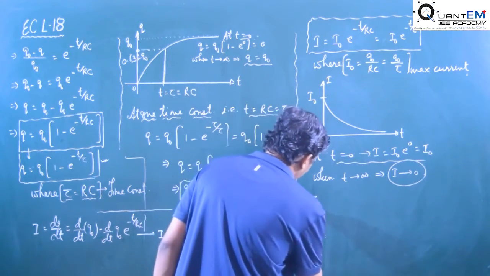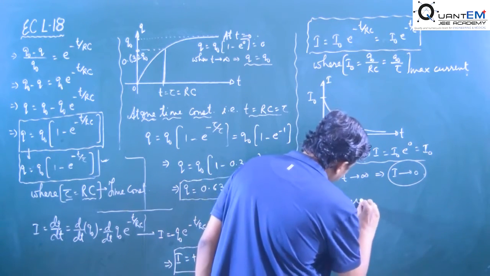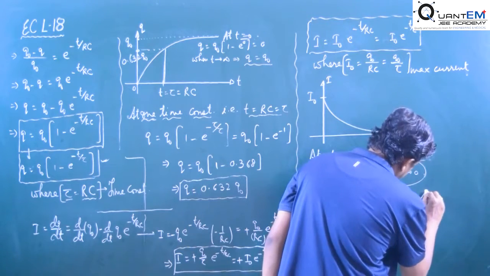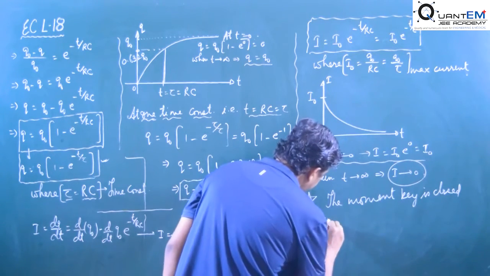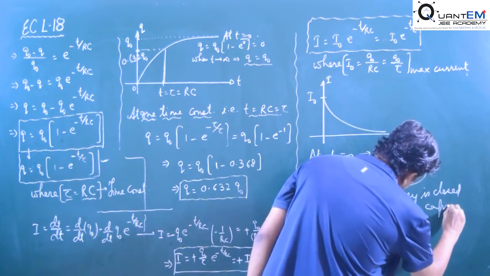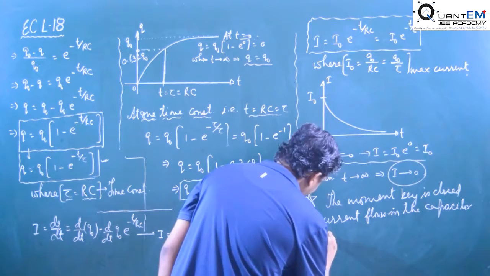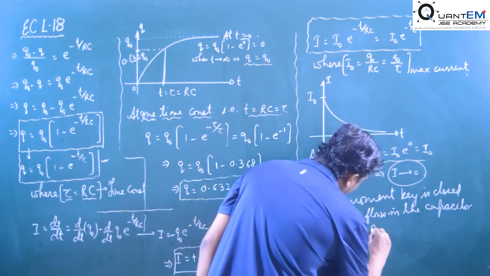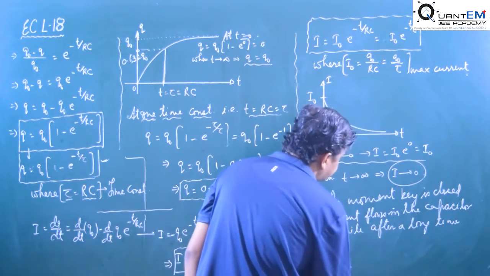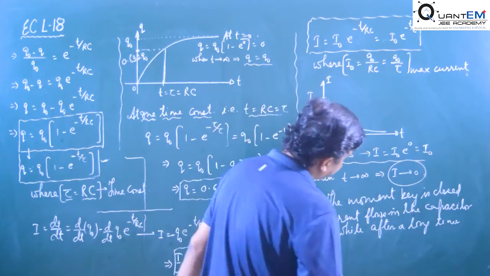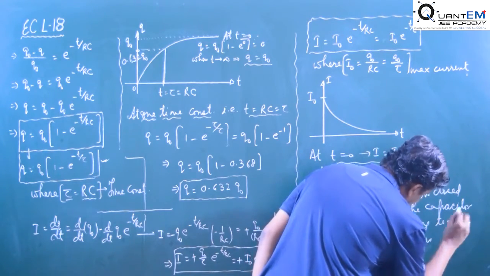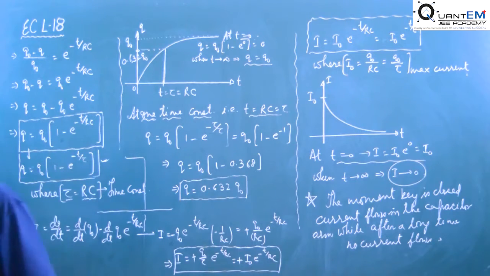So one point: the moment the key is closed, at t equal to 0, current flows in the capacitor arm, while after a long time current in the circuit tends to 0, so no current flows in the circuit. Now we come to more points.